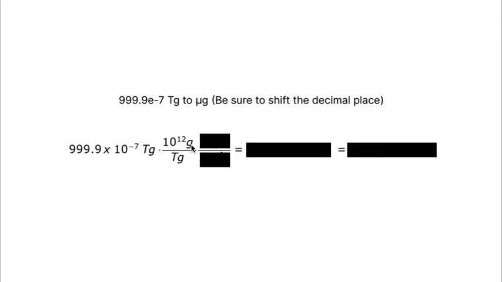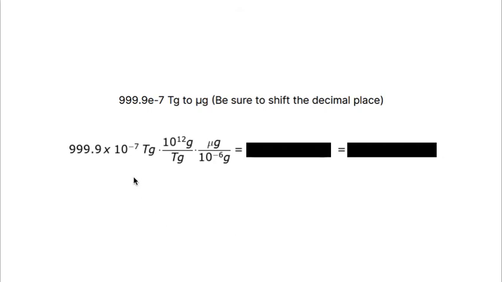And now I'm going to place the unit I want to convert out of here now, which is gram, and the unit I want to convert to here, which is microgram. And notice gram over gram, that's the same. I'm looking for what micro means. Micro means 10 to the negative 6th.